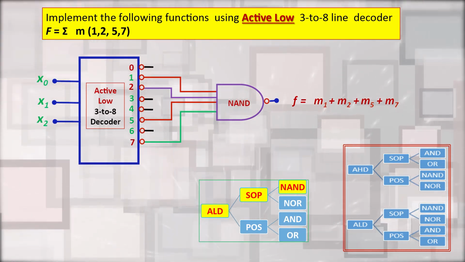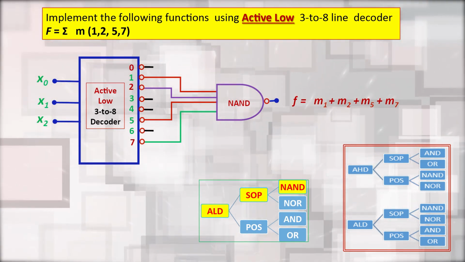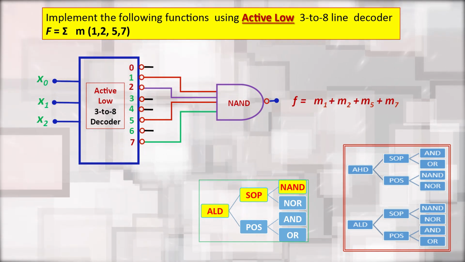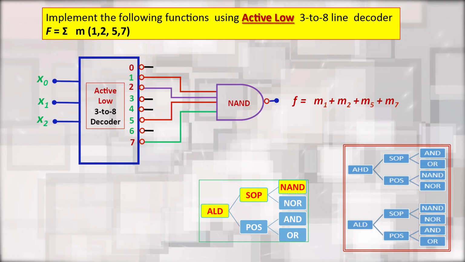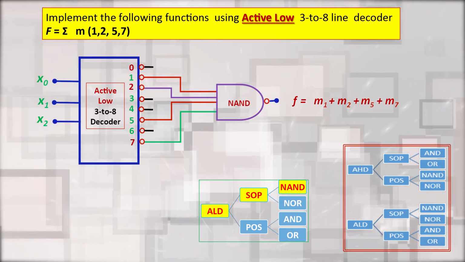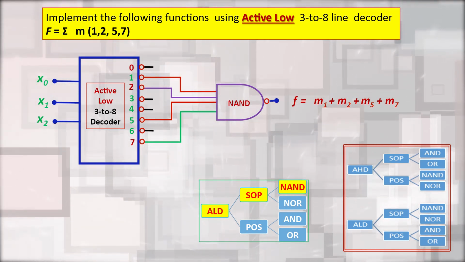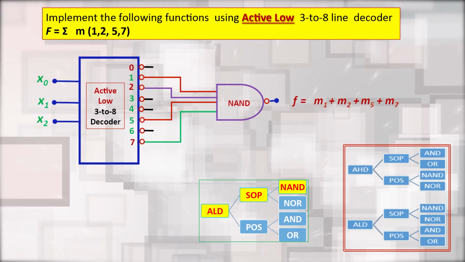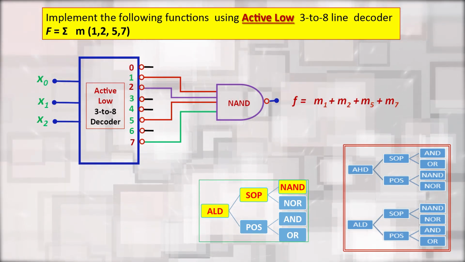Now, it says implement the following function using active low 3 to 8 decoder, and an SOP equation is given, summation of m of 1, 2, 5, 7. So, active low and SOP equation. We have the options of NAND gate and NOR gate. So, we will make use of a NAND gate.